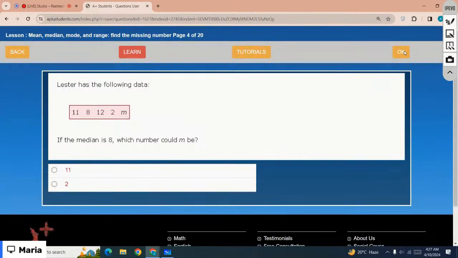Lester has the following data. If the median is 8, what number could M be? Which is the correct option? If the median is 8, M is 2. The correct option is 2, right?